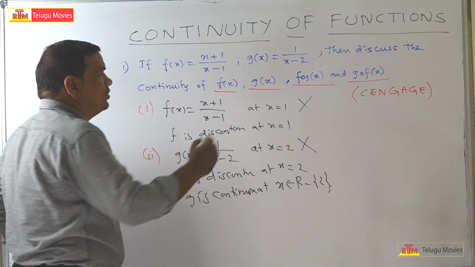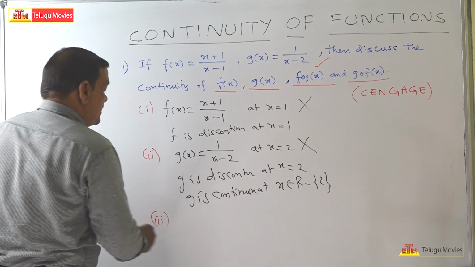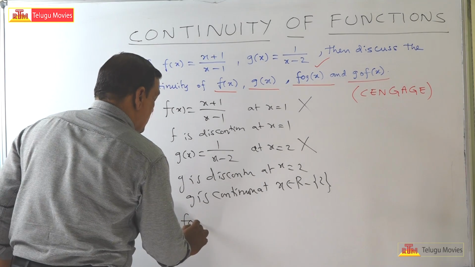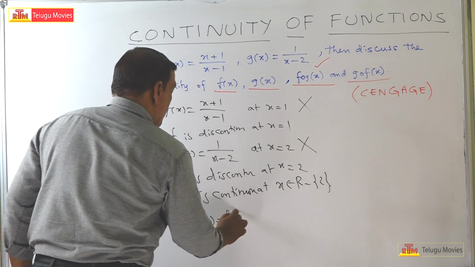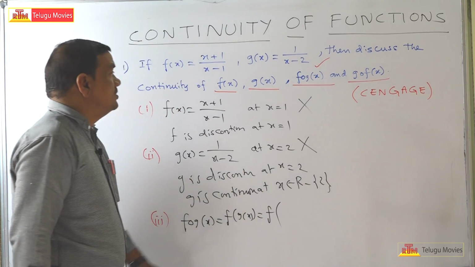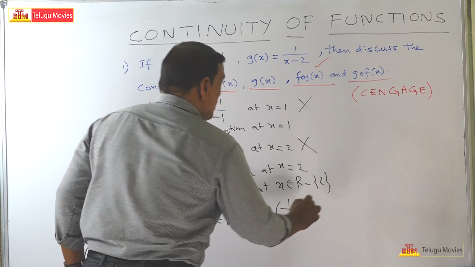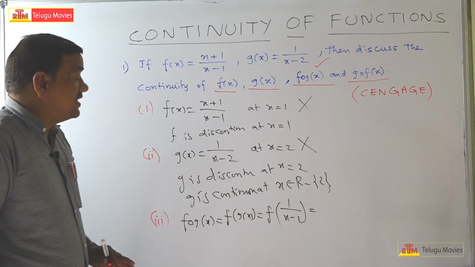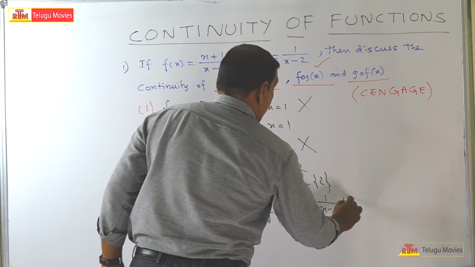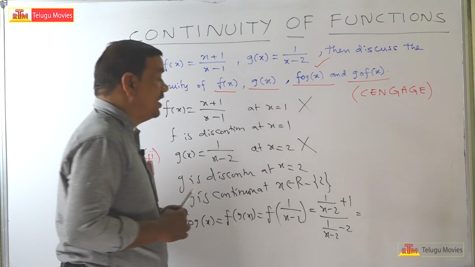Then we are going to see f circle g of x. Now the third one is f circle g of x. By definition, f circle g of x is equal to f of g of x. The value of g of x is 1 upon x minus 2. Substitute it in f: 1 by x minus 2 plus 1, over 1 by x minus 2 minus 1.